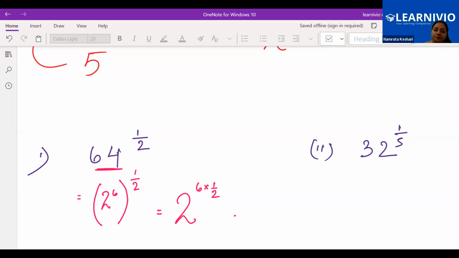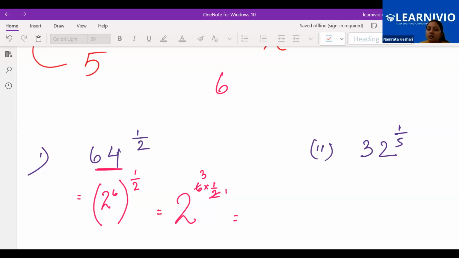That will be 2 raised to the power 3. Okay. Samya, what will be there? 2 to the power 6 into 1 upon 2. Is it 2 raised to the power 1 upon 3, Samya? Yes, ma'am. 2 raised to the power 3. Check the calculation. 2 3 times 6... Is it 1 by 3, Samya?